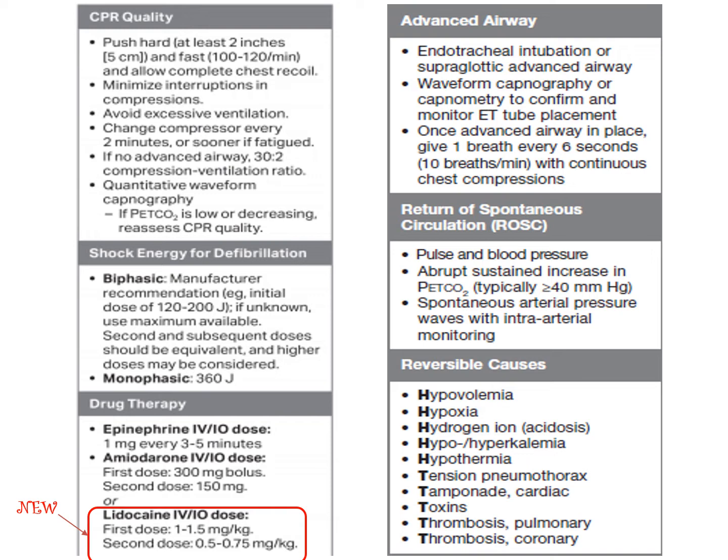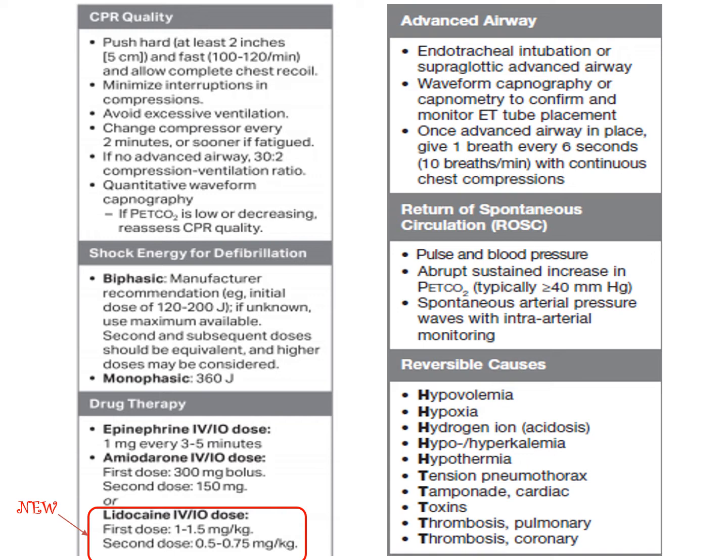So, for the drugs, your adrenaline will be administered 1 milligram every 3 minutes. Your first dose bolus of amiodarone 300 milligram after the third shock and subsequently 150 milligram bolus of amiodarone after the fourth shock.